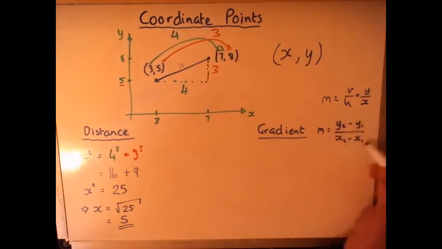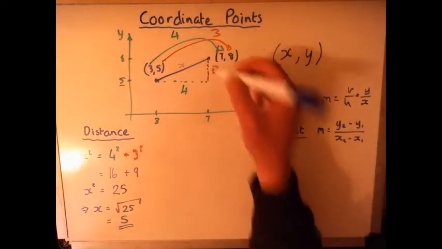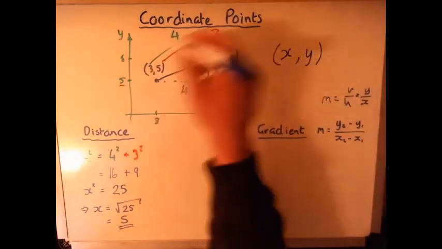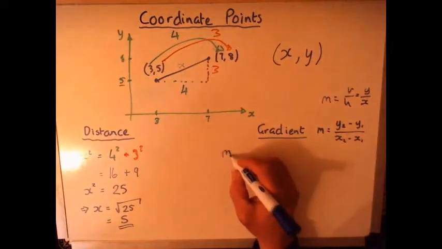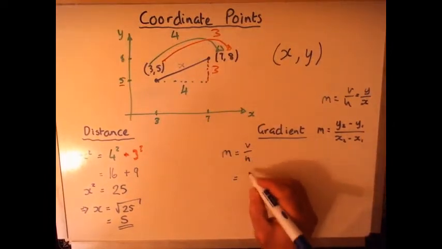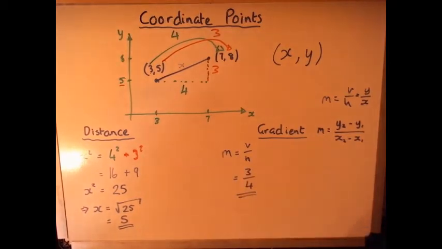And it's given with this mathematical formula. But we've already worked out the difference in the y direction. It's this 3 here. So if you do this method that I did, where I just looked at the points, all I need to do is my vertical change over my horizontal, which is 3 over 4.